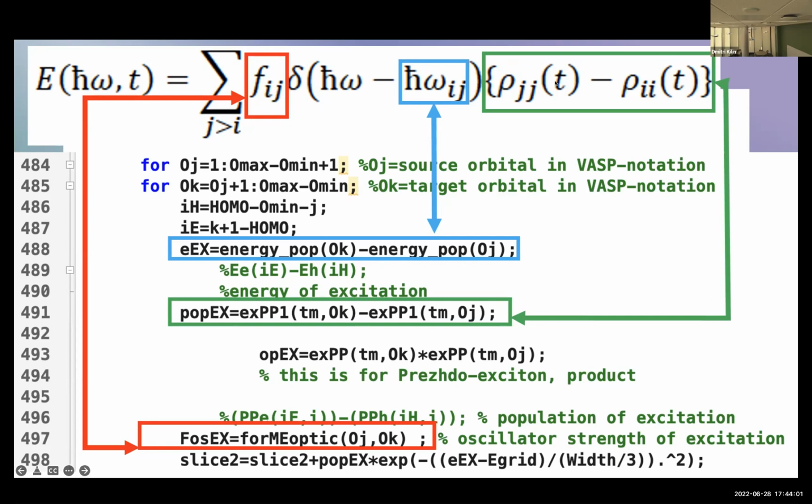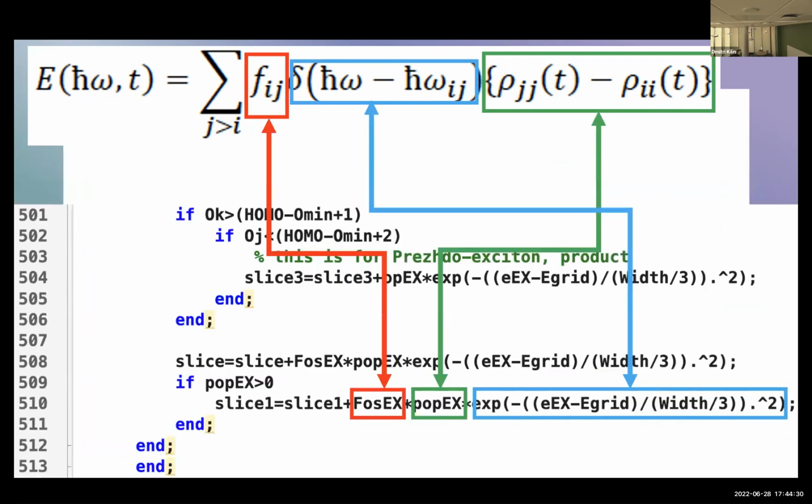Populations are time dependent. Therefore, as we run through quantum dynamics, there are different pairs of orbitals that contribute or do not contribute to the emission. In this slide's code, we have time dependent populations, we have the energy differences, and we have the oscillator strength that depends on two indices. When all these factors are combined, just basically multiplied, we implement the resonance condition.